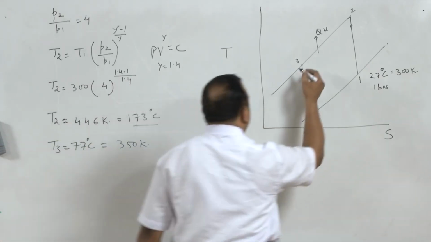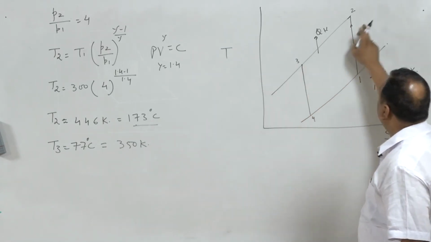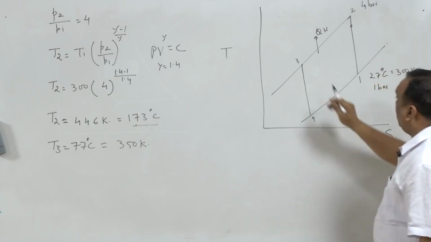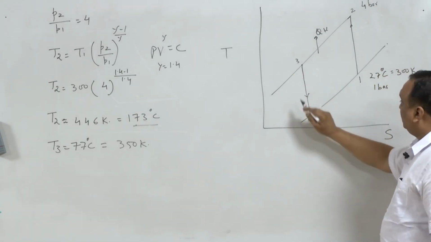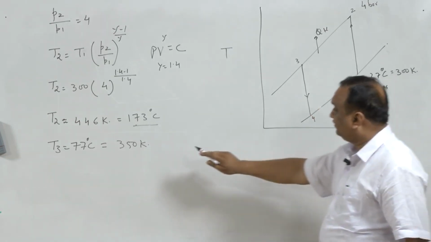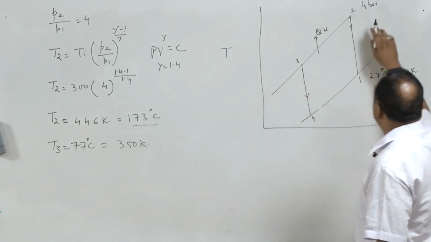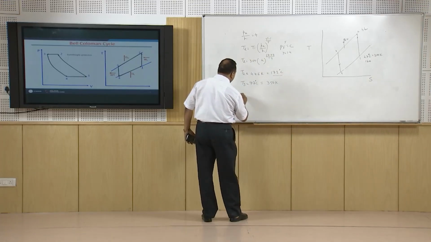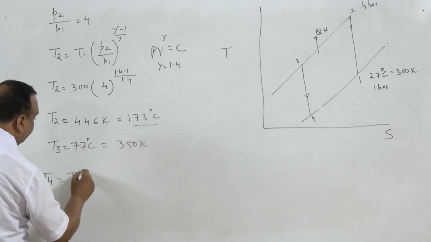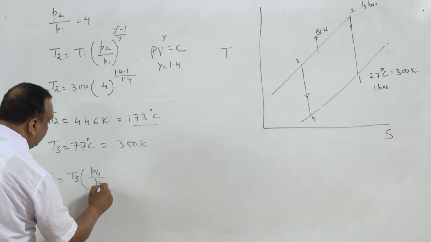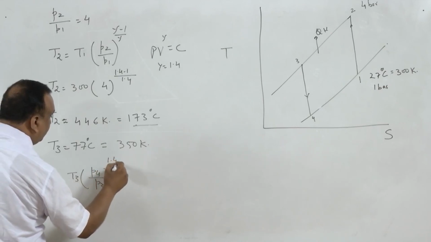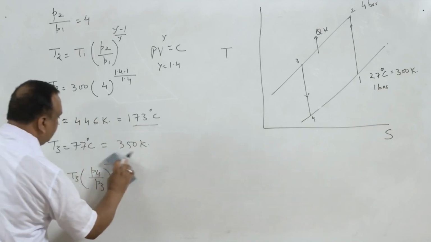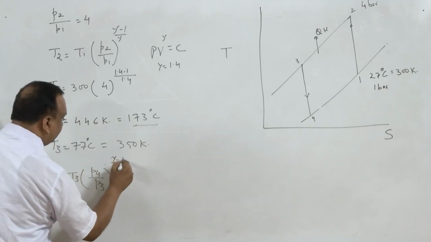Temperature of air available at state 3 is 350 Kelvin and pressure is 4 bar. Here pressure is 1 bar, here pressure is 4 bar. Now, if I expand this 350 Kelvin air at 4 bar to 1 bar isentropically, in that case I am going to get T4 is equal to T3 times (P4 by P3) raised to power gamma minus 1 over gamma.